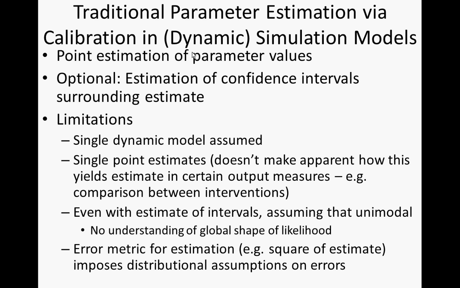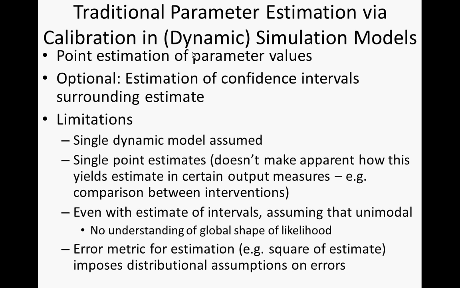We're not going to capture the fact, for example, that there's another peak nearly as high somewhere else within parameter space, where some other combination of parameters becomes nearly as good, and that may have quite significant implications for interventions, for example, we may seek to design.